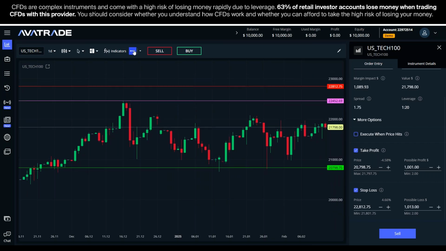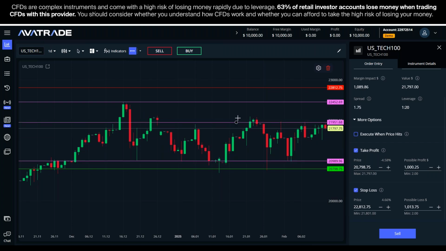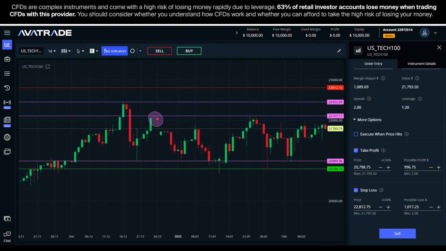We're also going to have a nice center line here, one for the resistance, one for the support. There are other areas here, but let's assume that at the moment we're looking at the $1,000 change. Of course, we're not expecting it to happen in a day.